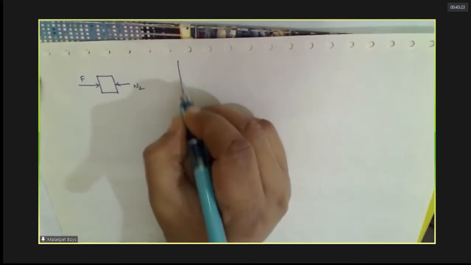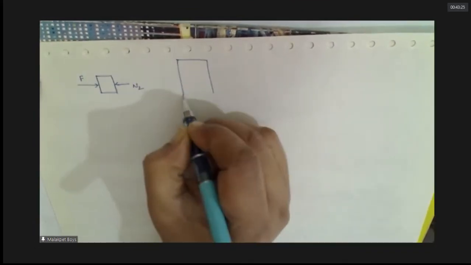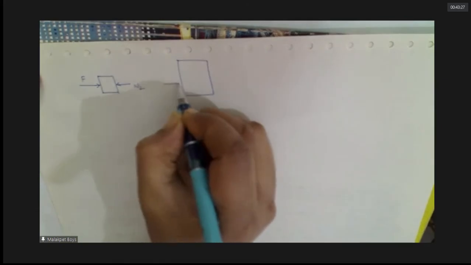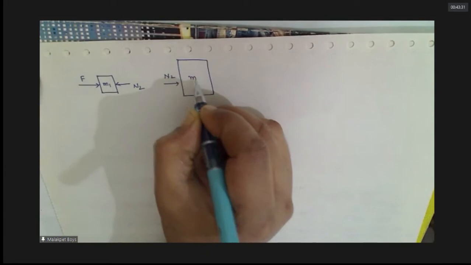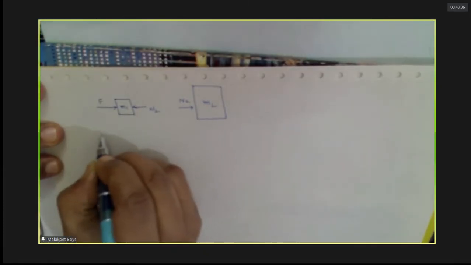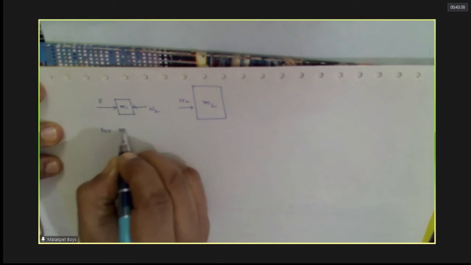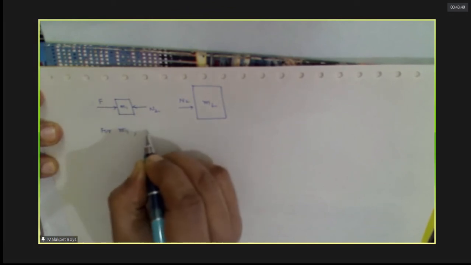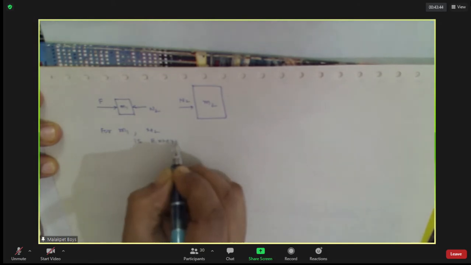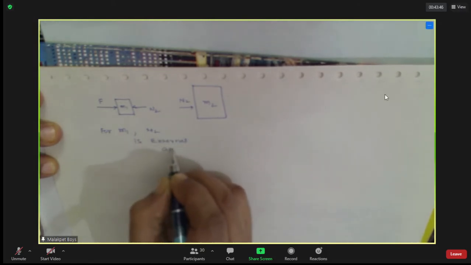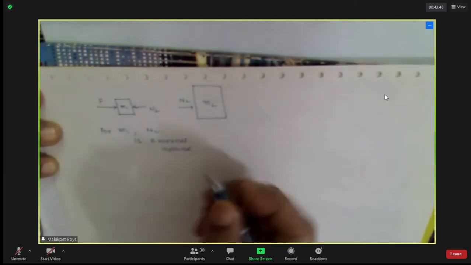You're taking this as N2, remember? Okay, here you can see for M1, N2 is an external force. External force means it is applied by another body.